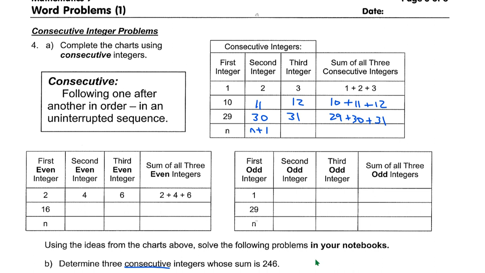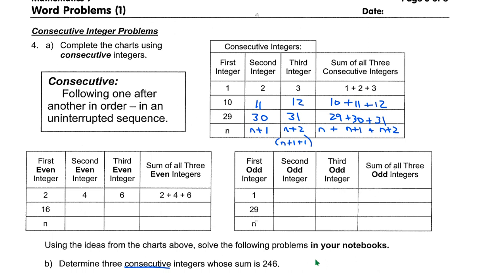It's the next one over. So it's n plus 1 plus another 1, or n plus 2. Okay, same thing, n plus 1 plus another 1, right? So now when you want to add them all up, what you're going to have is n plus n plus 1 plus n plus 2. That's how we're going to set up our equations.